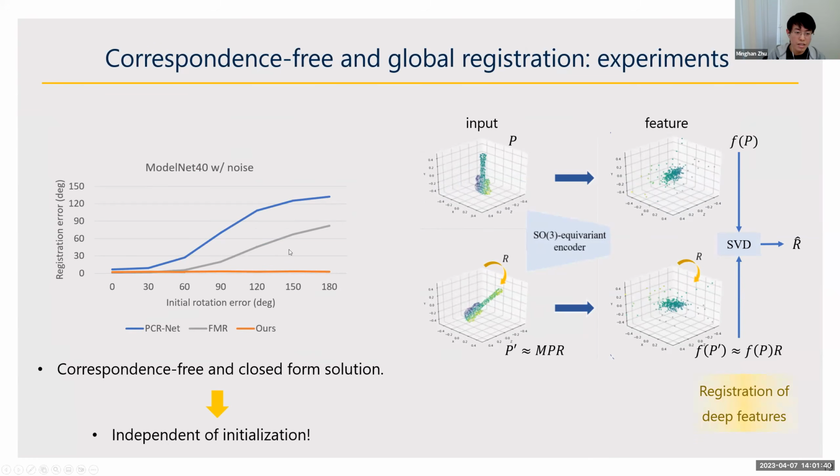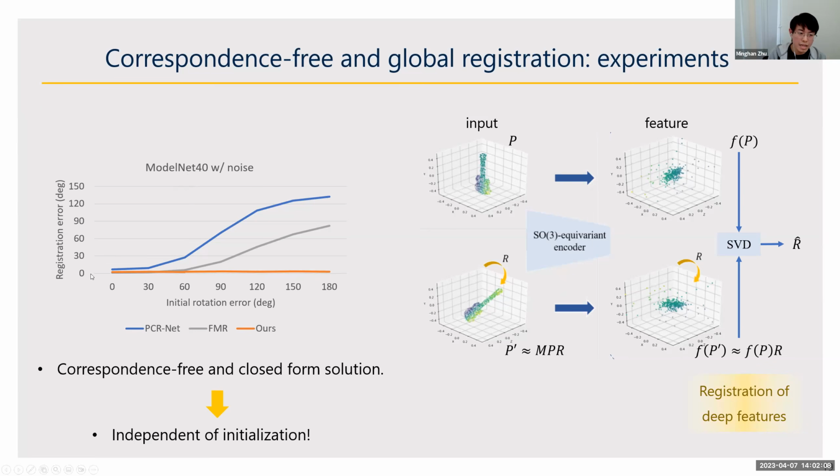Here is a figure of the registration performance. ModelNet40 is an object CAD model dataset, and we can sample point clouds from the object dataset, and then we rotate the point clouds by certain degrees, and then we apply different methods to solve for the rotation.